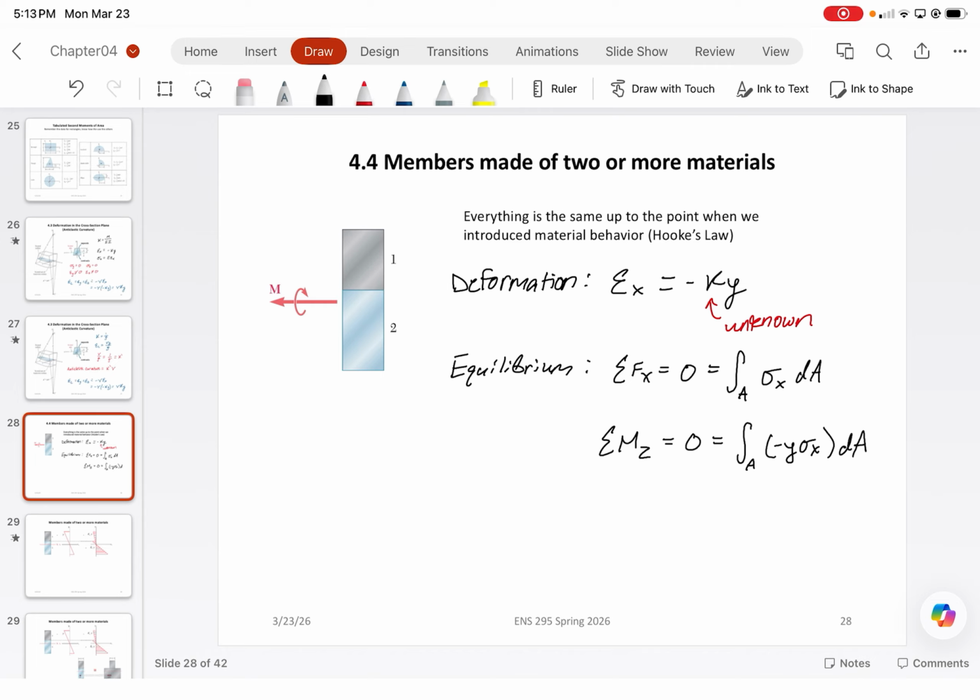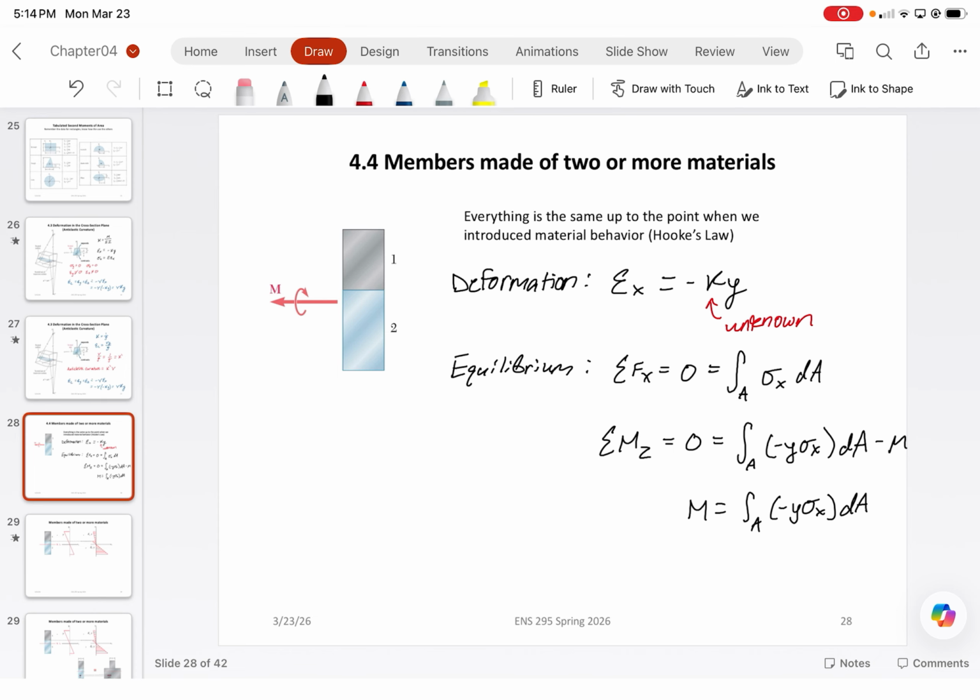But the moment is technically applied, so we need to add whatever that bending moment is, which is just going to be negative M in this case, which we can rewrite to say that the bending moment has to equal negative y sigma x dA.